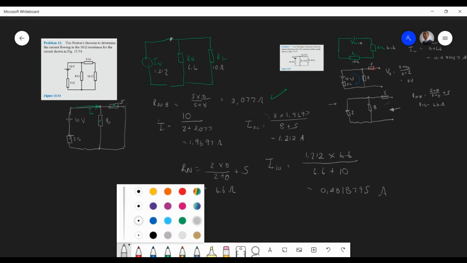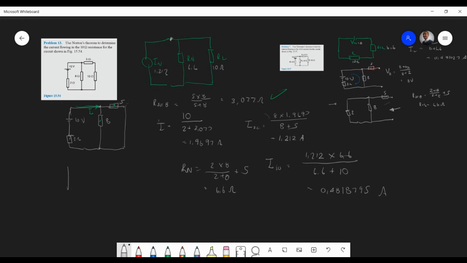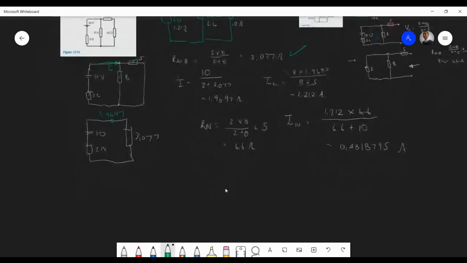So once you have I, remember the current here. Let me draw the new circuit now. So that's 2 ohms. This is going to be 3.077. So we found a current of 1.9697. But remember, this is in parallel. So what happens over here, we open this guy up.